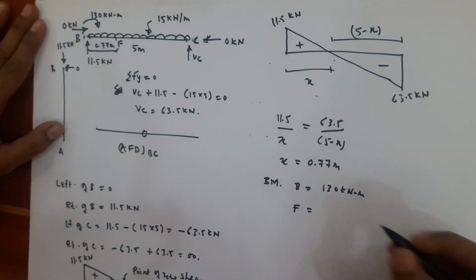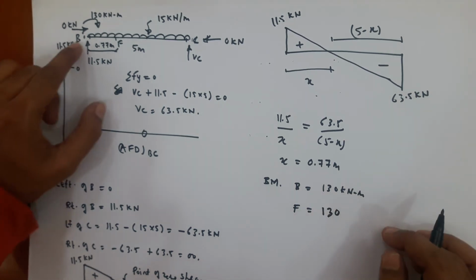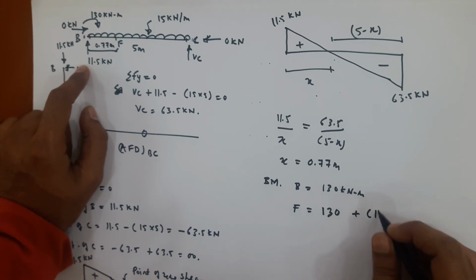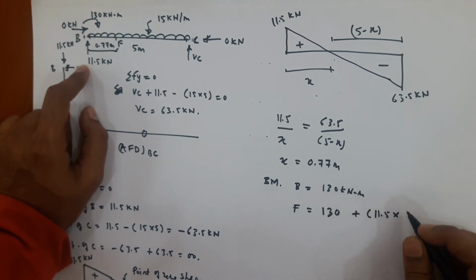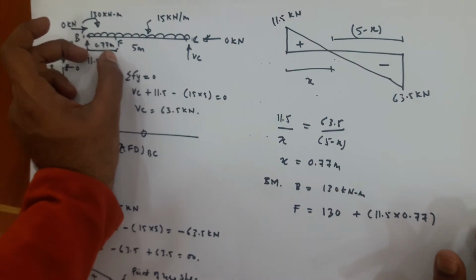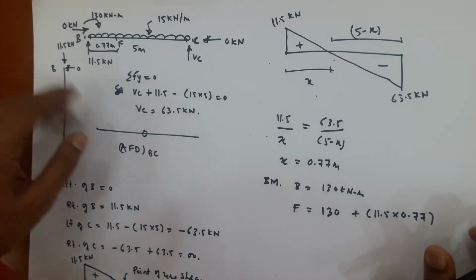So bending moment at F is 130 kilonewton meter because you have the moment at B, then this point load 11.5 into 0.77, because this perpendicular distance with respect to point F is 0.77 and it is creating clockwise moment.